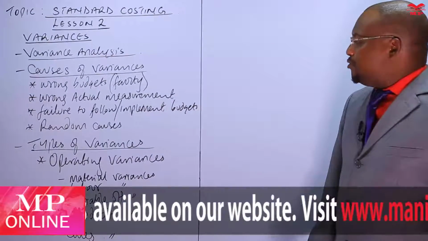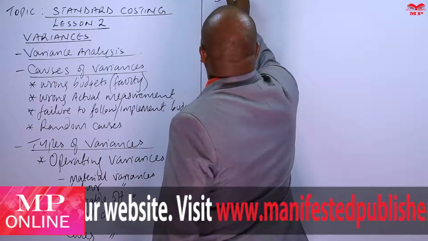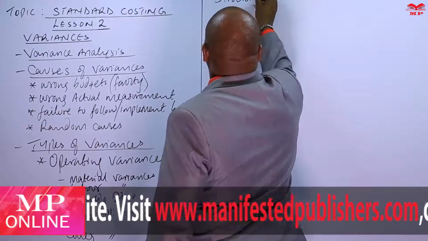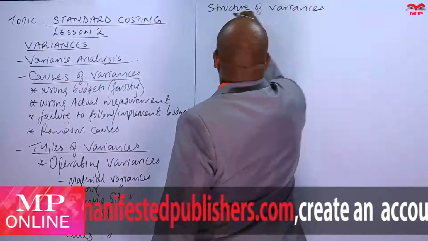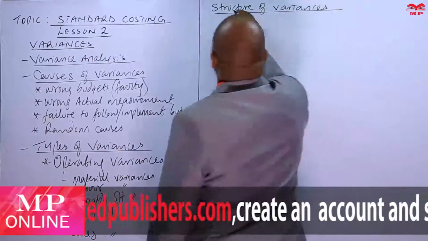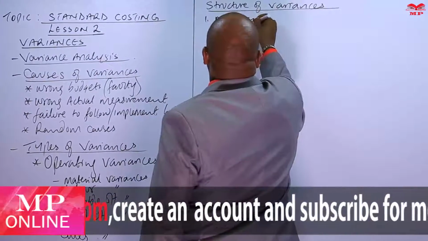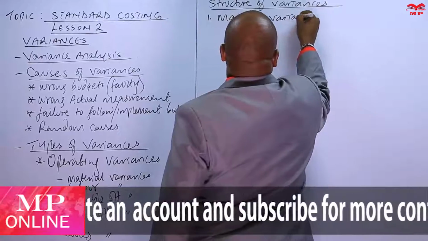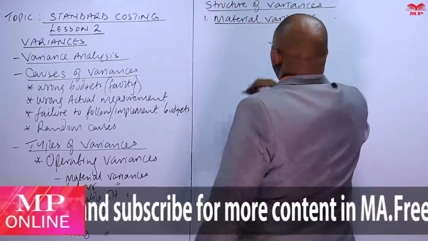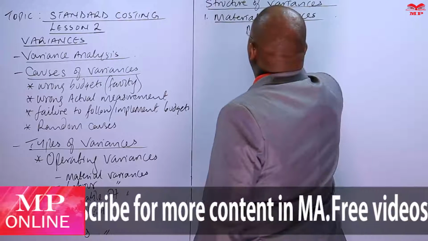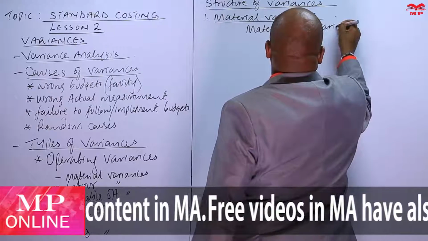So I want to give you the structure of variances. If you have number one, material variances, we can have what is called the material cost variance.